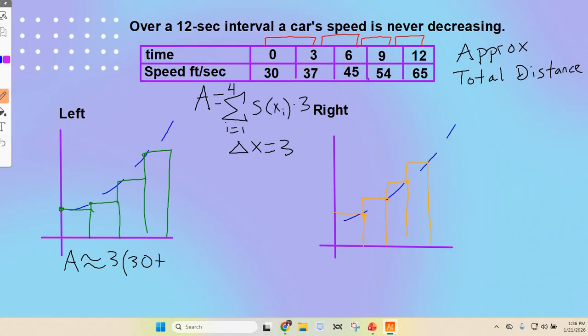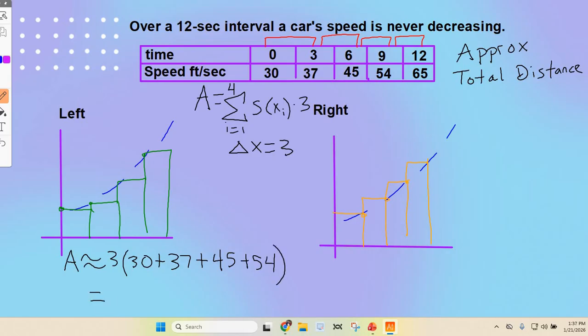So what's our left x value? 3. And then what's the speed value associated with 3? 37. Okay, so then we're going from 6 to 9. So which y value would I use for that? 45. And then from 9 to 12, we would use 54.